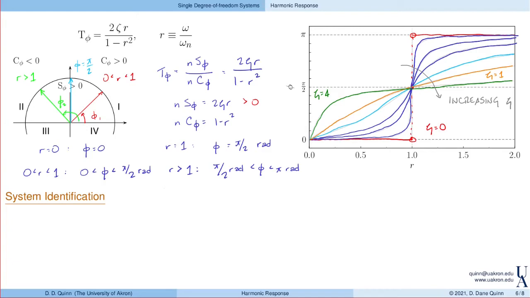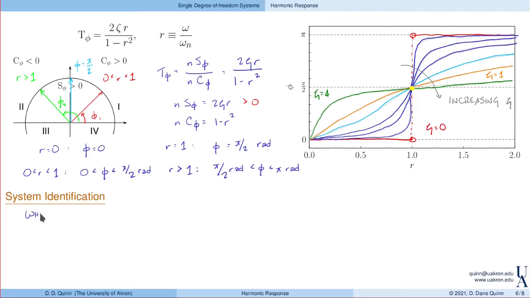So one interesting thing here is that all of these curves pass through r equal 1, phi equals pi over 2. So independent of the damping ratio, if r is equal to 1, the phase shift is pi over 2.